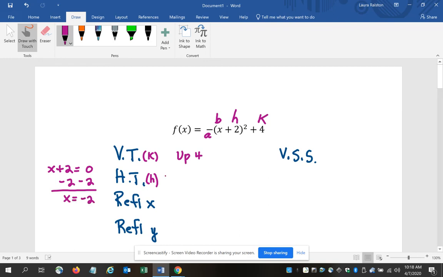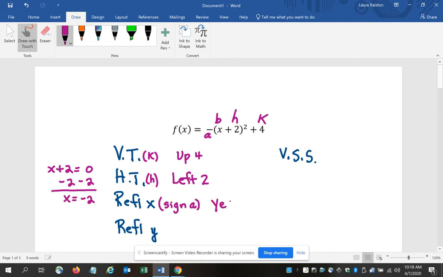Since when we solve for x we get a value of -2, that lets me know that I'm going to go left 2 units.